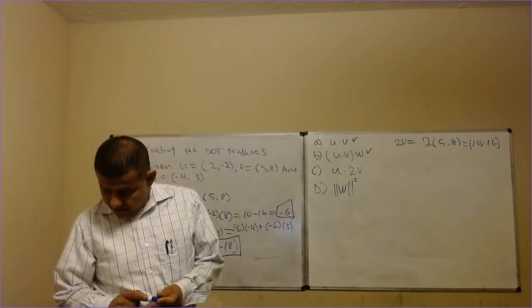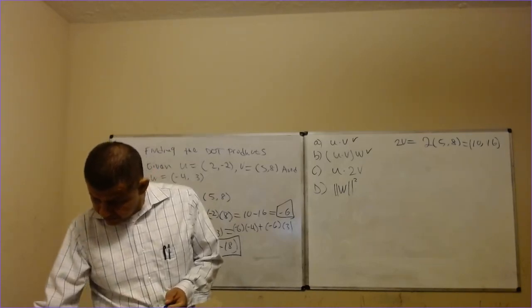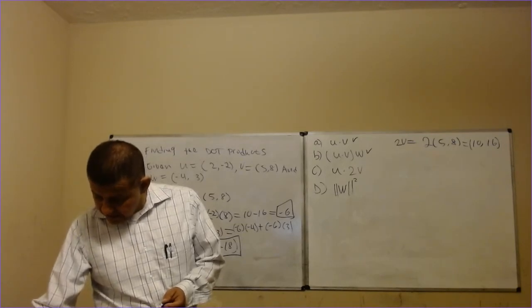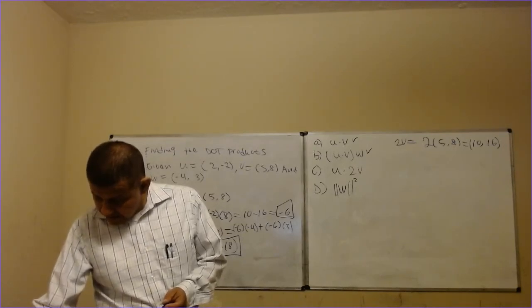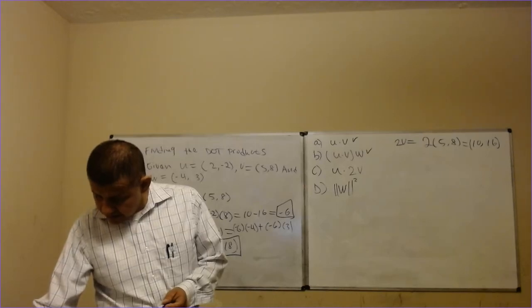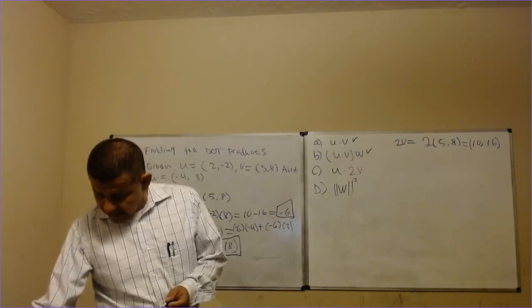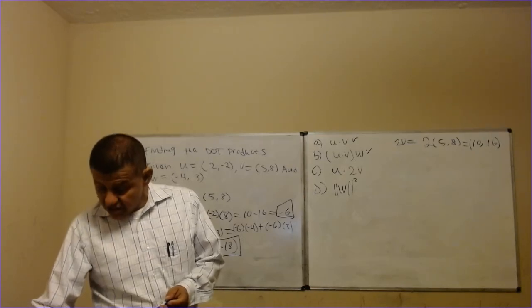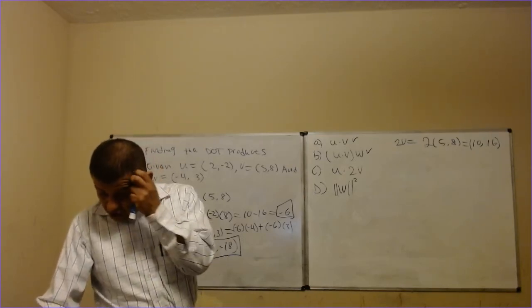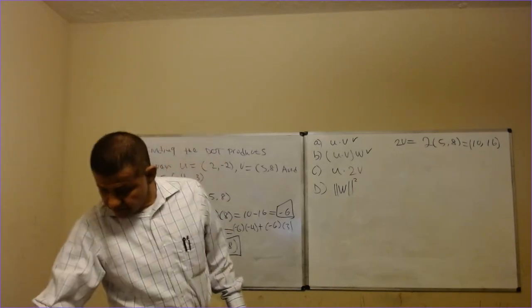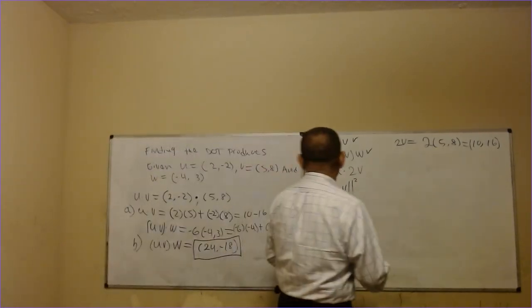Okay, so now notice that in this case, they want to multiply that by u. So I need to multiply this by u.